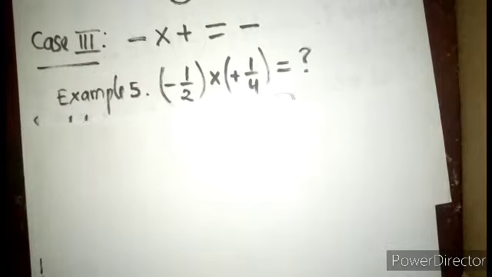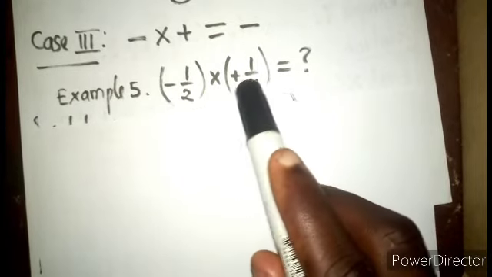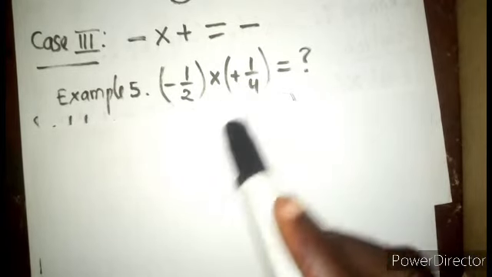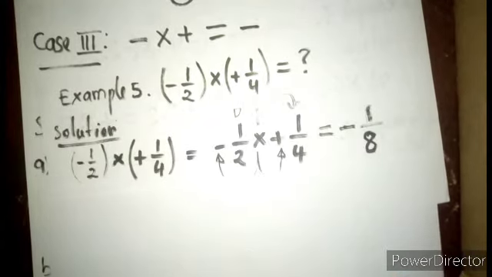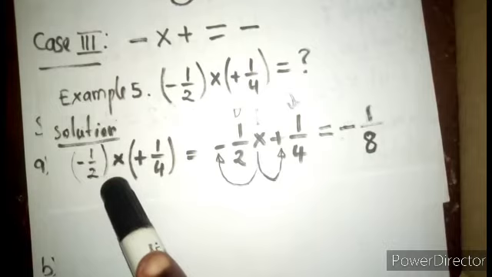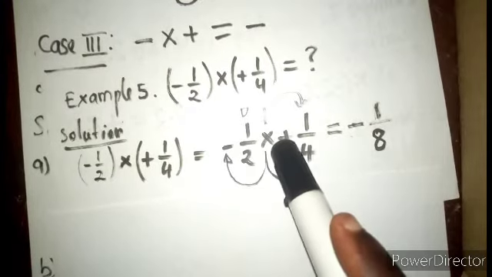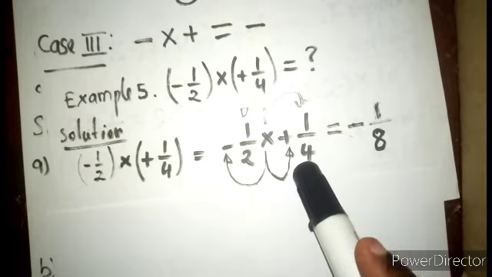So example 5, you have negative half times positive 1/4. We want to find out what that will give us. You see, negative half times positive 1/4 is equal to negative 1/2 times positive 1/4, literally.